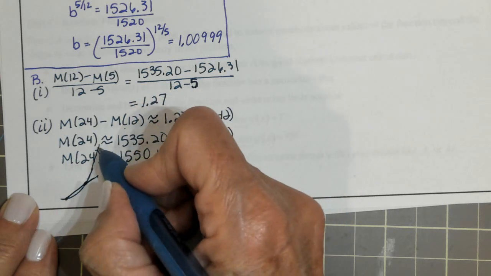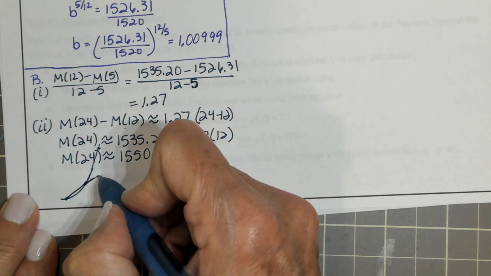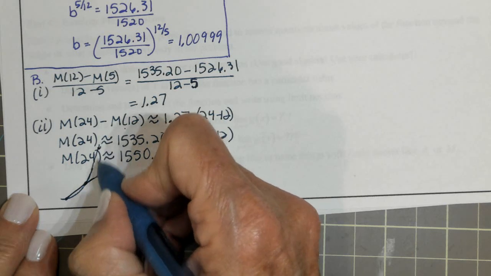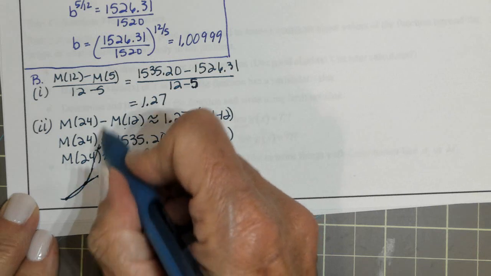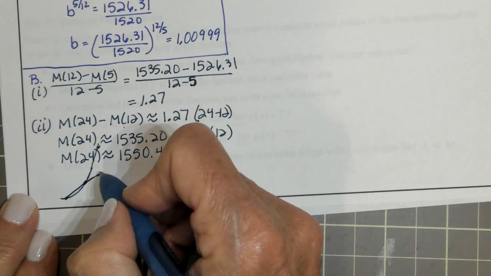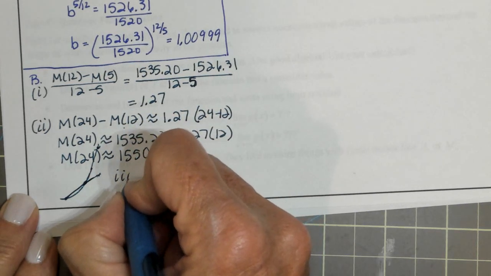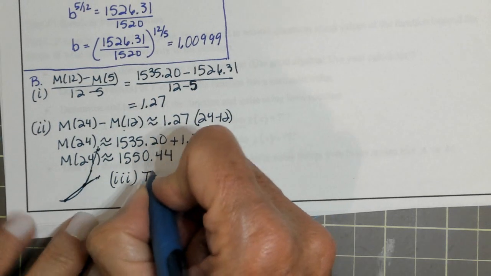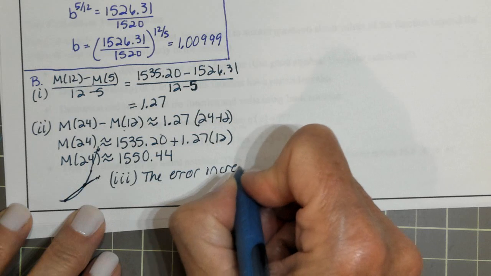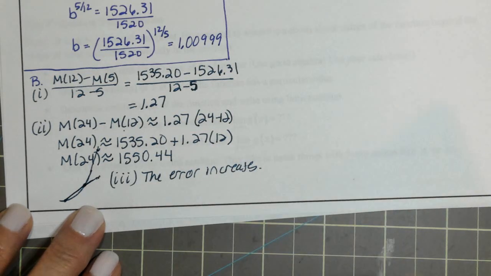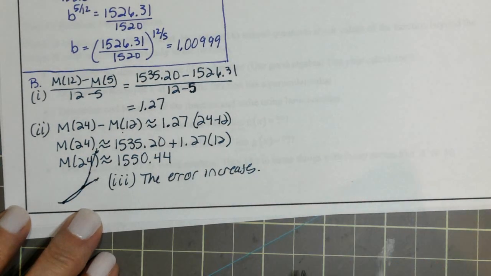There's the actual. There's the approximation. What's going to be happening to the error as time goes on? Well, the error is going to be getting bigger. The error increases. That's the answer, but they tell us to explain a reason.